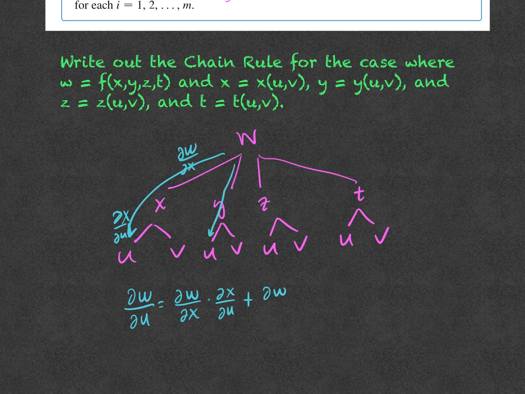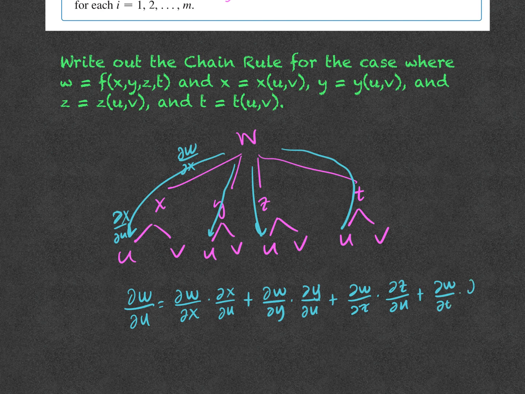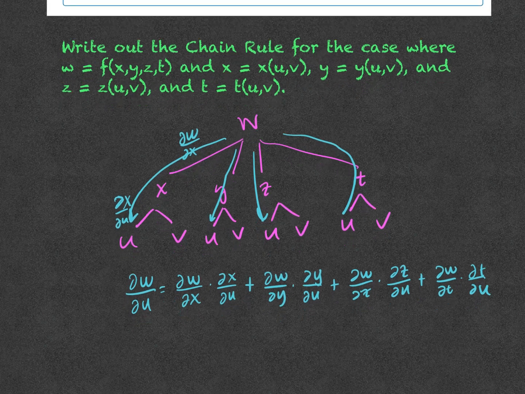We have the partial of w with respect to y times the partial of y with respect to u. Plus the partial of w with respect to z times the partial of z with respect to u. Plus the partial of w with respect to t times the partial of t with respect to u. So that would be our first chain rule answer.